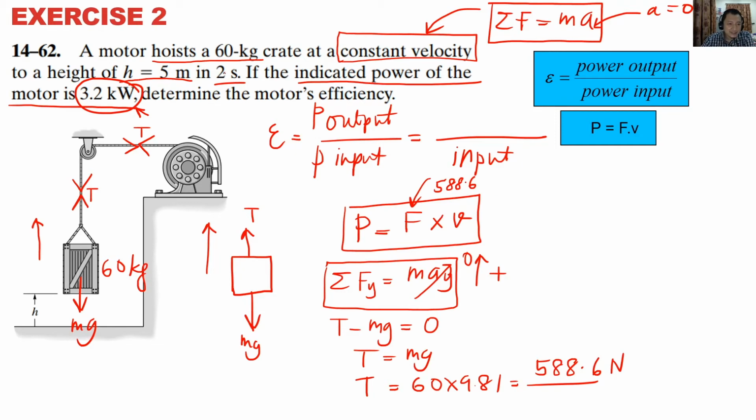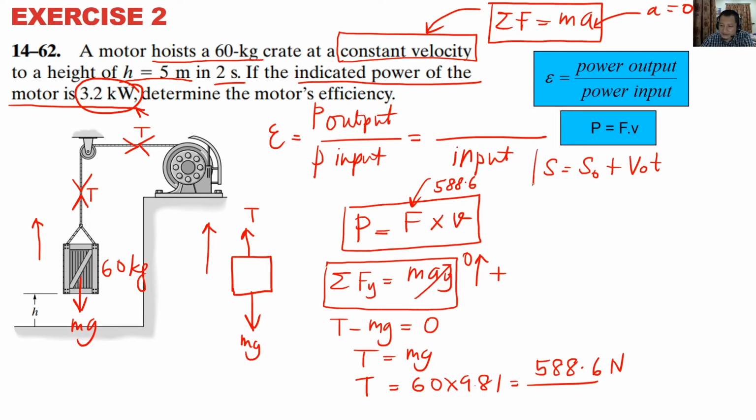Height of 5 meter in 2 seconds. v is equal to v naught plus at. There's no displacement here. Tak ada s, so this one cannot be used. Which other formula? This one lah kot. s is equal to s naught plus v naught t plus half at squared. Acceleration is 0, this is gone.